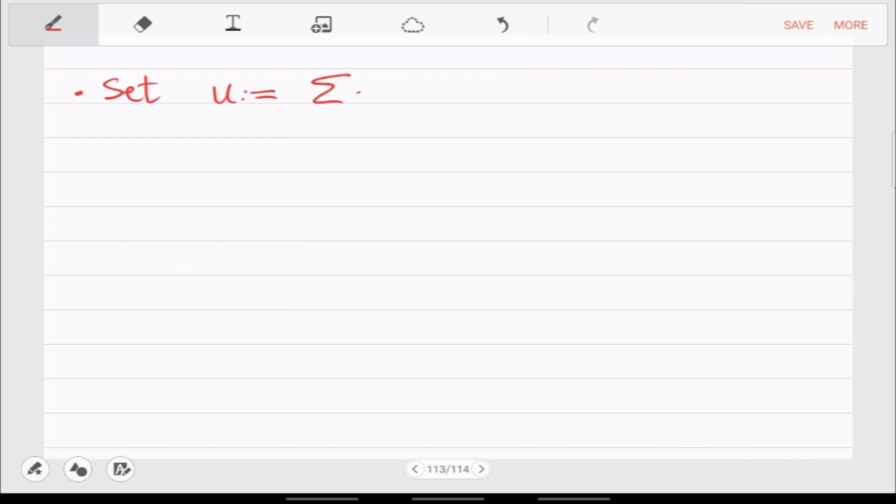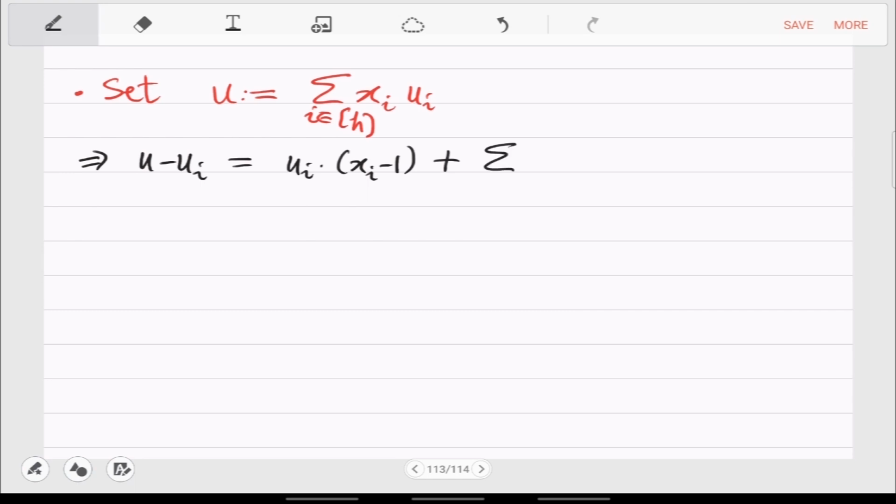So u will be sigma xi ui, the offsets. And you have to check the valuations now. So u minus ui is equal to the sum over m not equal to i.